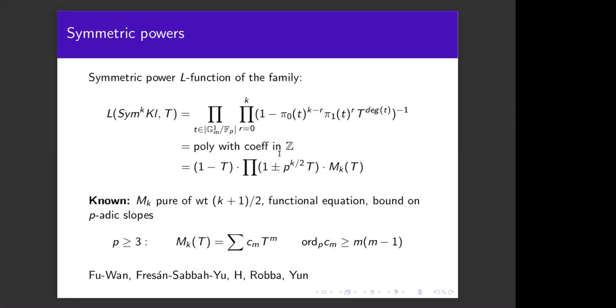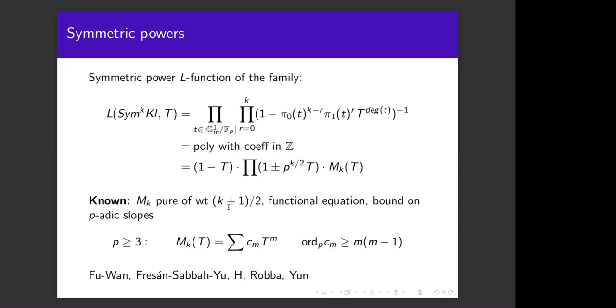There's a finite product of terms of this form, plus or minus p to the k over 2. And it's known exactly how many positive ones there are and how many minus ones there are. And also this Mk is another factor, where Mk is pure of weight (k plus 1) over 2.